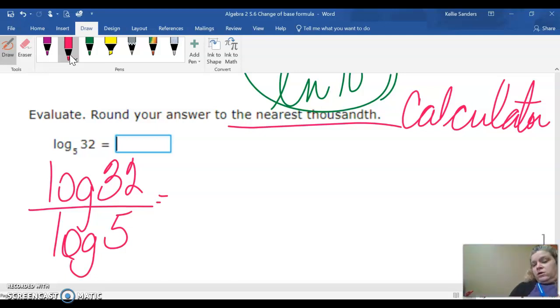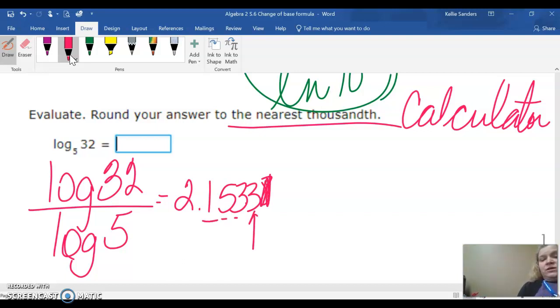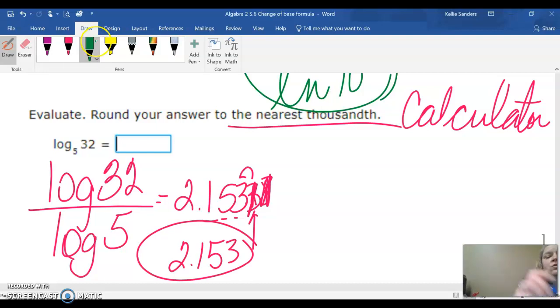And on mine, you would turn it on, you'd hit fraction, log, which is underneath the second button, 32, then go down, log 5, enter, 2.15338. To the nearest thousandth is 3 decimal places. So this 3 is not going to change this 3, so it's 2.153.